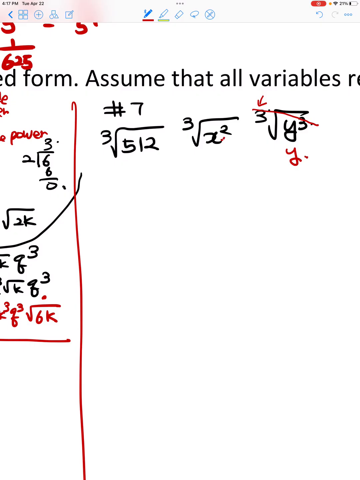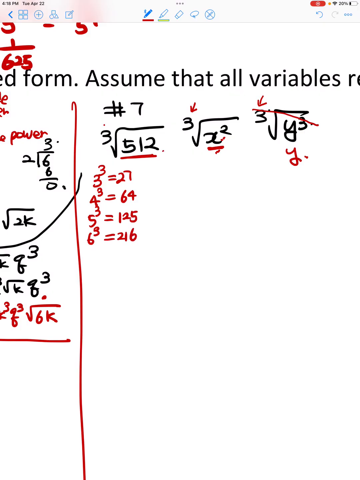2 is a smaller number than 3, so I just need more x to come out, so this x squared stays there. Now 512, I need to think about what makes a cube become 512. So let me think about the cube numbers. 3 cubed is 27, 4 cubed is 64, right? 5 cubed is 125. 6 cubed is 216.